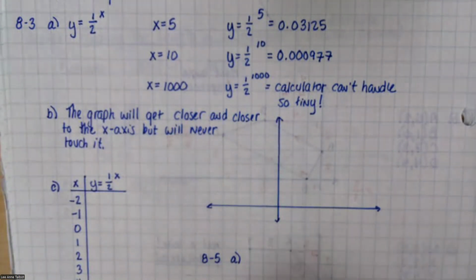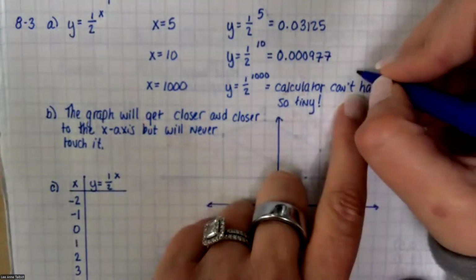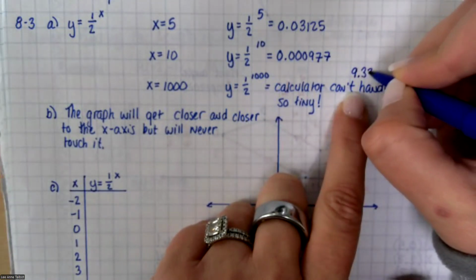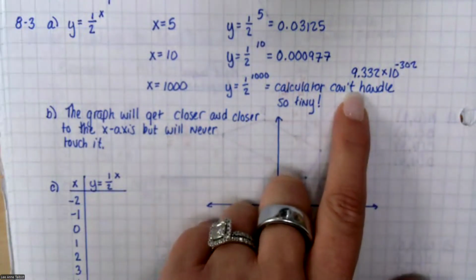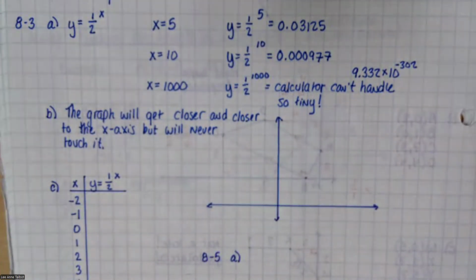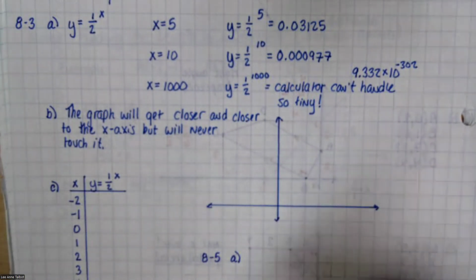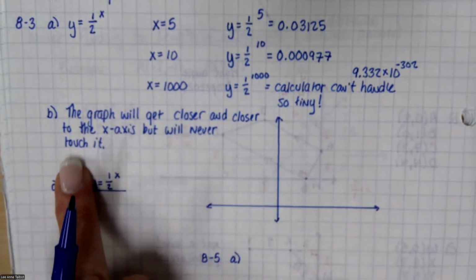So I need 301 zeros and then 999. Okay, so it's 9 point what? Give me the first three. Holy schmoly, that's a small number. Okay, so we're explaining the graph will get closer and closer to the x-axis, but will never touch it.